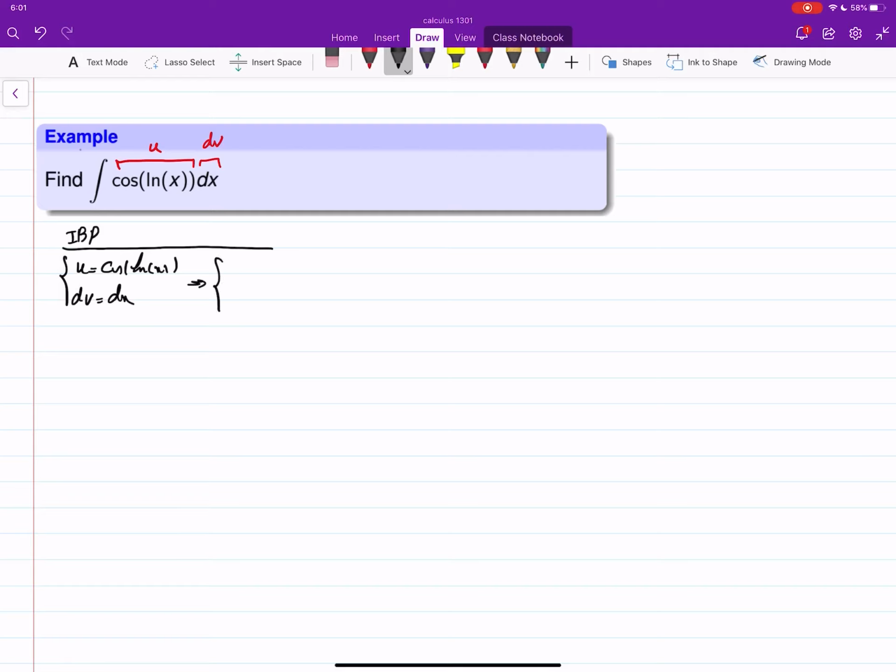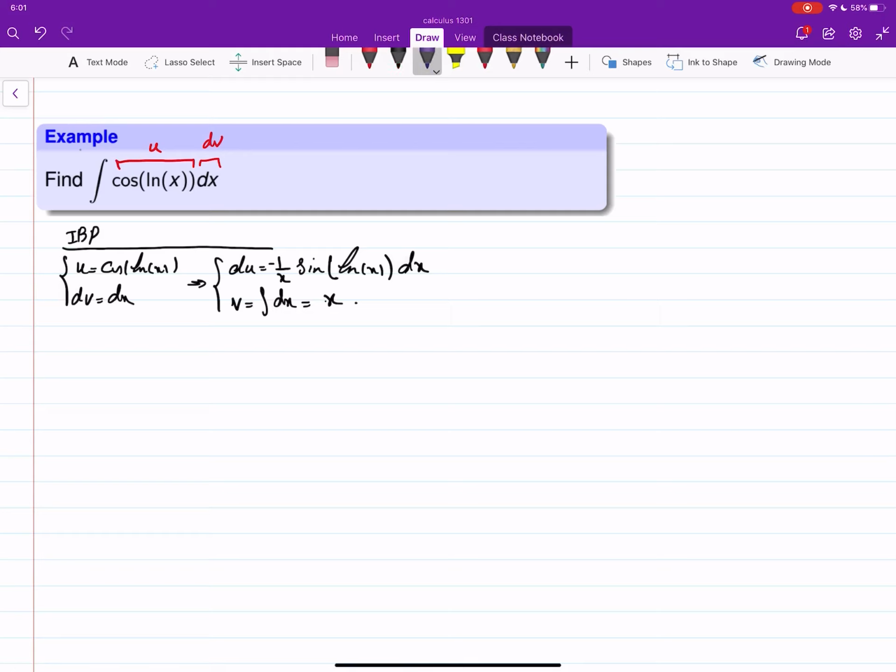As a result, du is going to be, here you have to apply the chain rule: derivative of ln x, which is 1 over x, times derivative of cosine, which is minus sine, but plug in ln x in that. That's the chain rule. And then v you can find by integrating dv, which will give me just x.